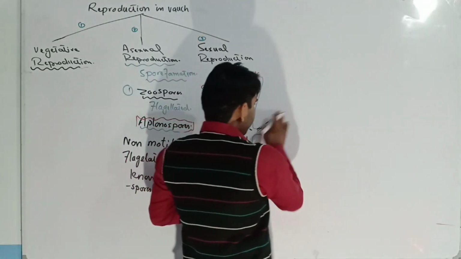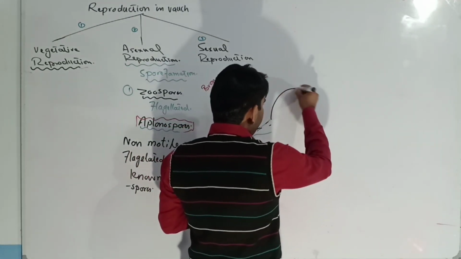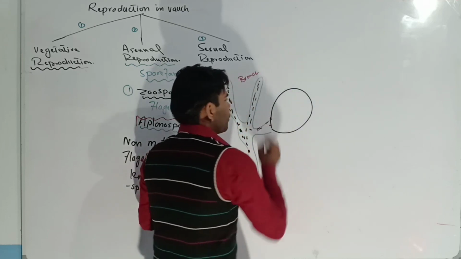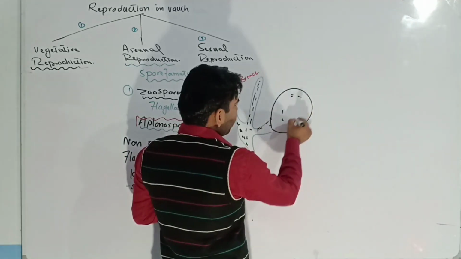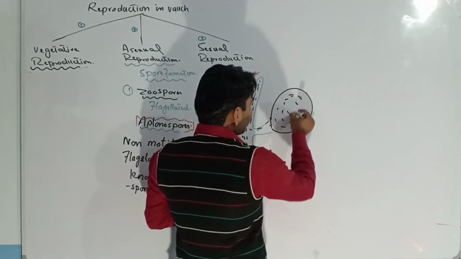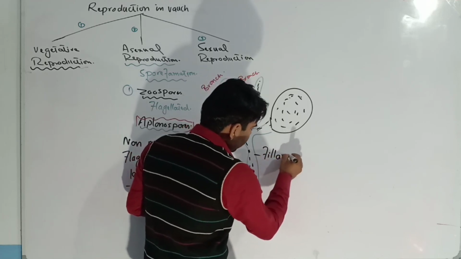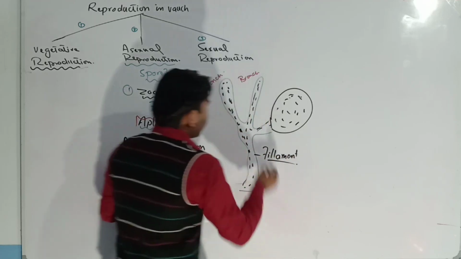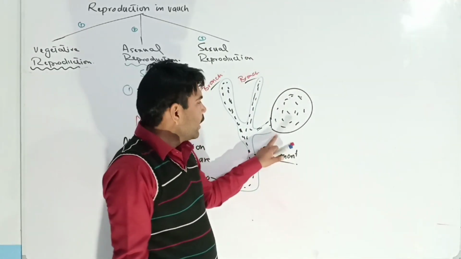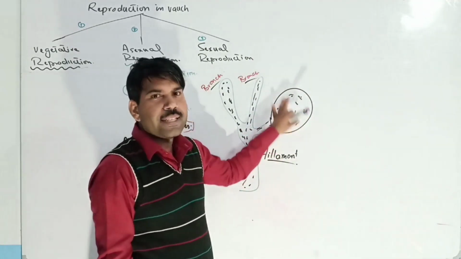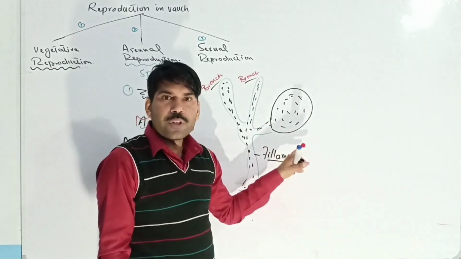So this is a branch, and now this structure is formed at the apical portion of a branch, and this whole structure is known as aplanosporangia. This is a filament. These are the branches, and at the tip of a branch, it may be produced at each tip of a branch or at different tips of different branches.